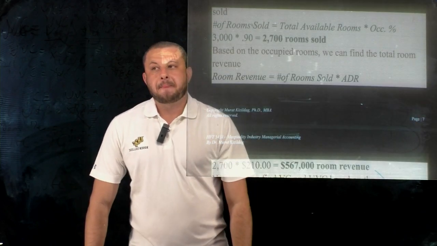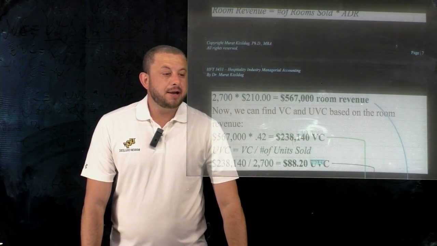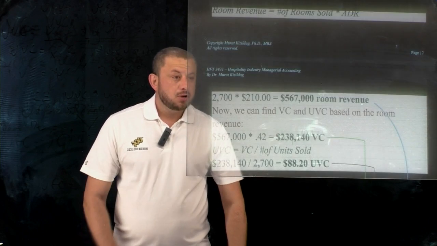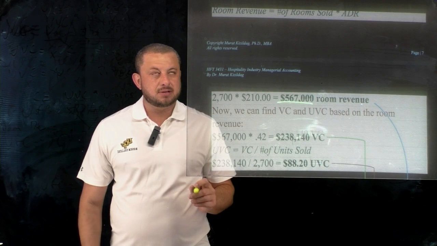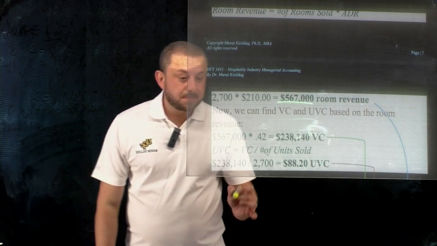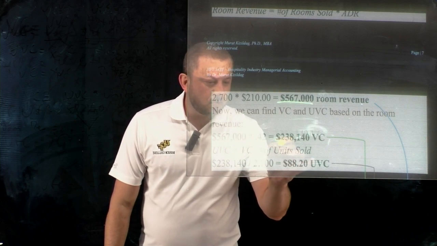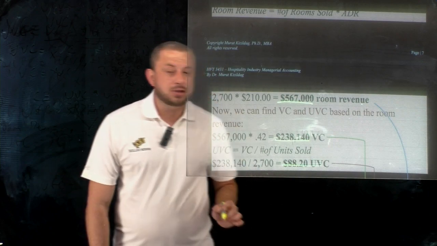When the occupancy percentage was 90%, my revenue was $5,067,000. My VC was $238,140. My UVC was 88.20.